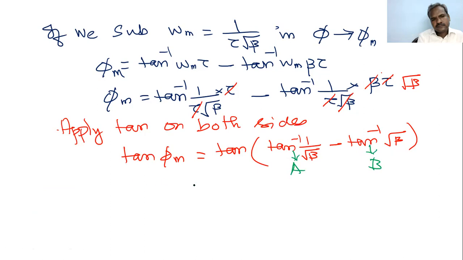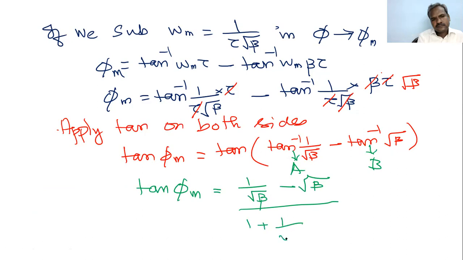So we can simply write that, simplified as tan phi m equal to 1 by root beta minus root beta, divided by 1 plus 1 by root beta into root beta.